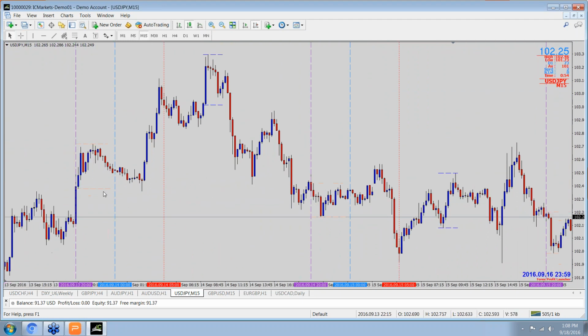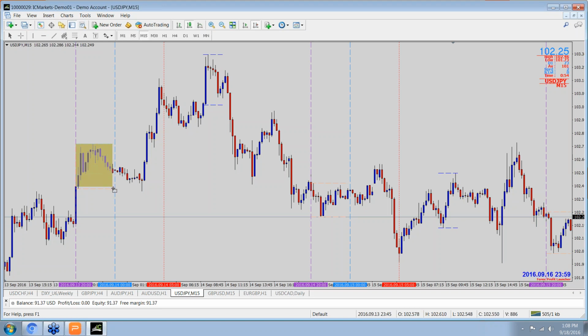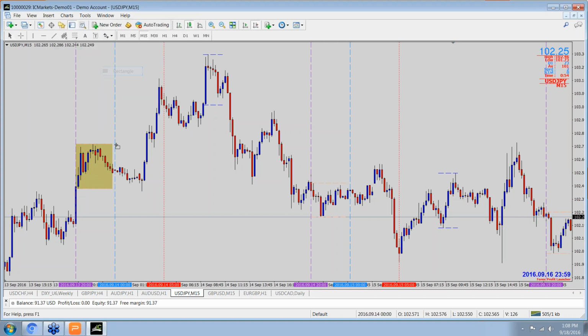Okay, so we've got here, let's see our standard deviation central bank dealing range. So we've got, there we go. All right, so 1.